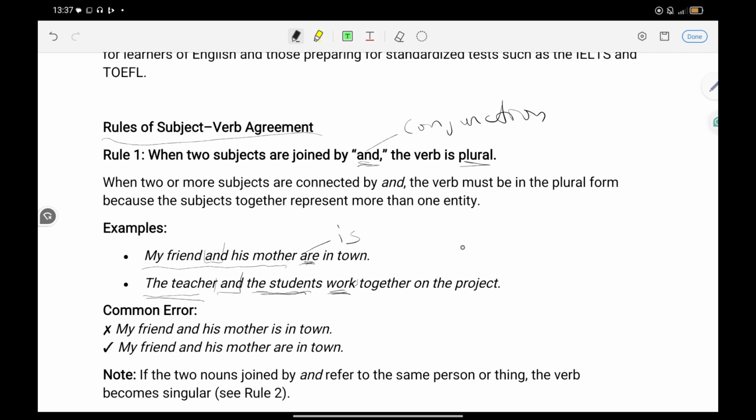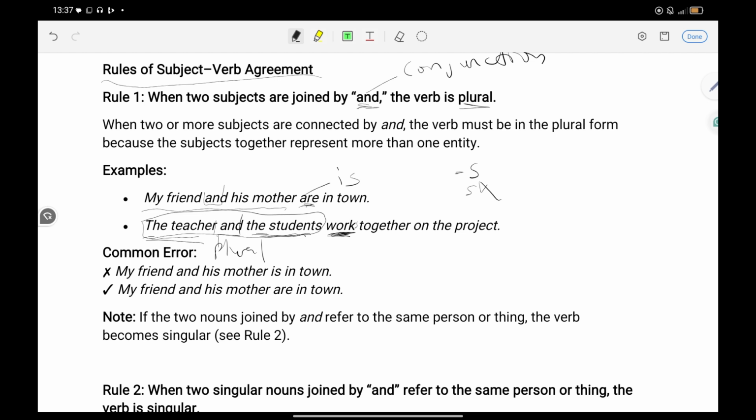The plural verb does not take an S, but the singular verb takes an S. And in this case, because we have two or more people, which indicates plurality, then automatically we have a plural verb, work.